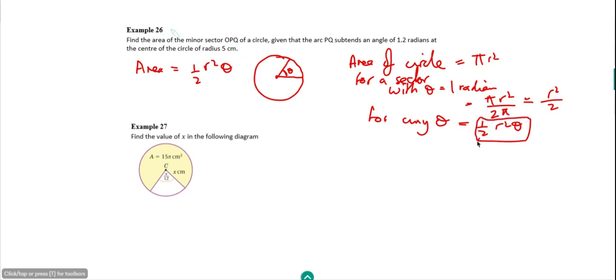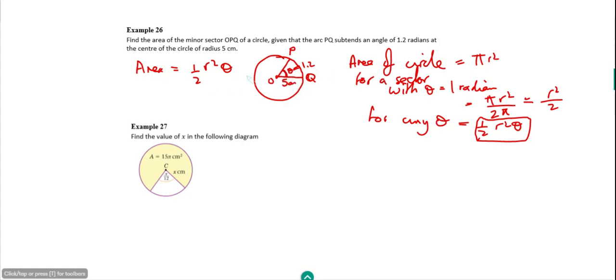So we're now going to apply it to this question here, 26. We're given that the arc PQ subtends an angle of 1.2 radians at the centre. So here's O, the centre of the circle, and by subtends it means this angle here, theta, is equal to 1.2. And we've got that the radius of the circle is 5 centimetres.